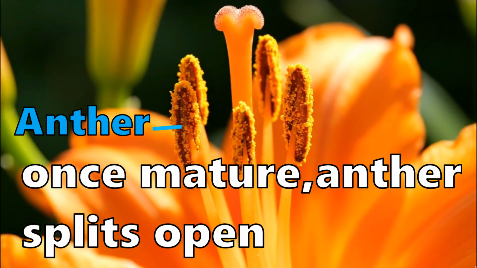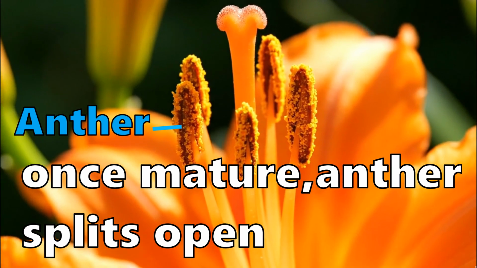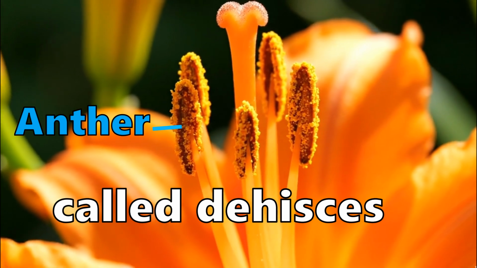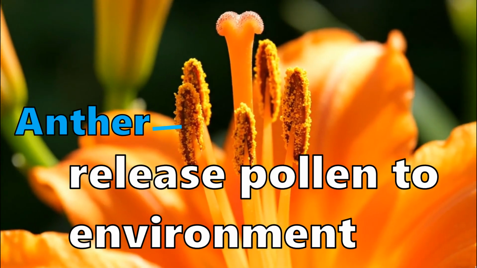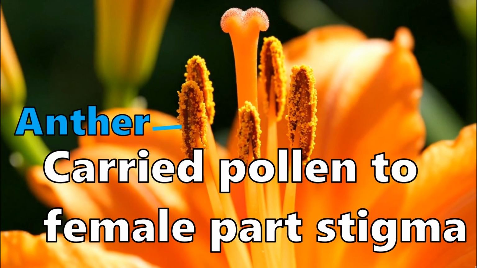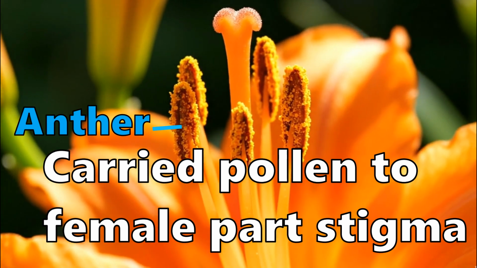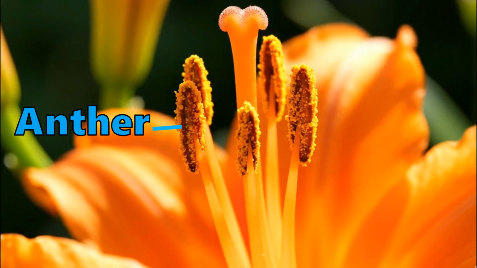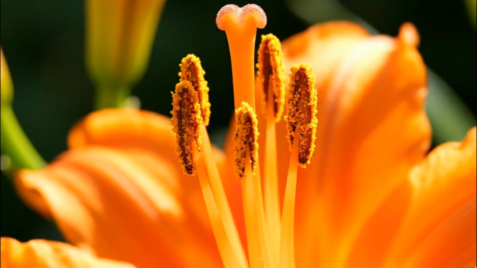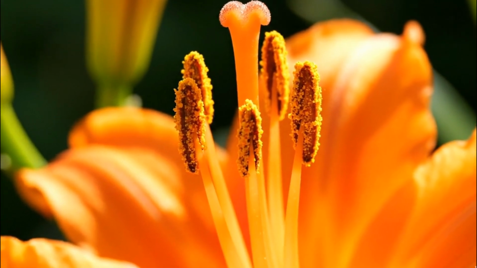Once mature, the anther splits open, a process called dehiscence, to release the pollen into the environment. The released pollen is then carried to the female part of a flower, the stigma, by wind, water, or pollinators, like bees and butterflies, to trigger fertilization.